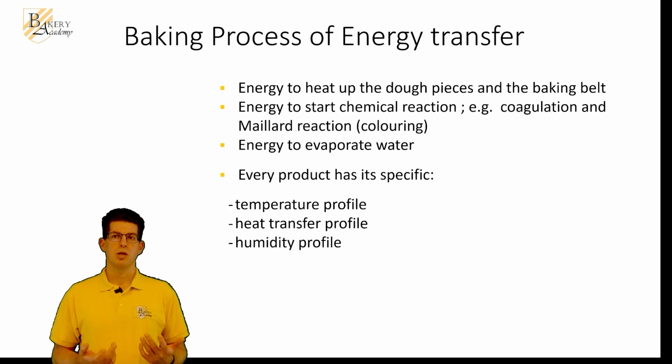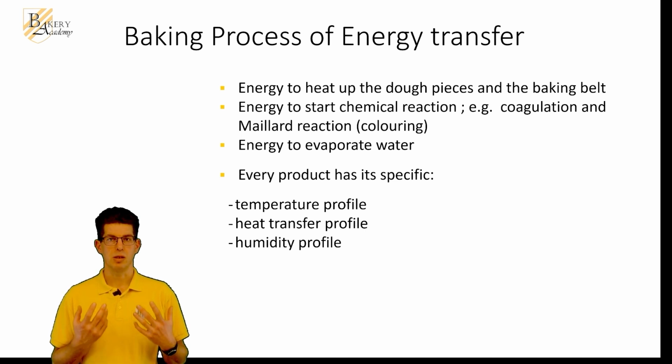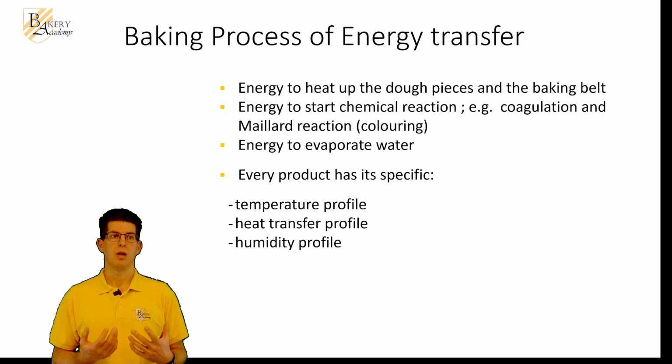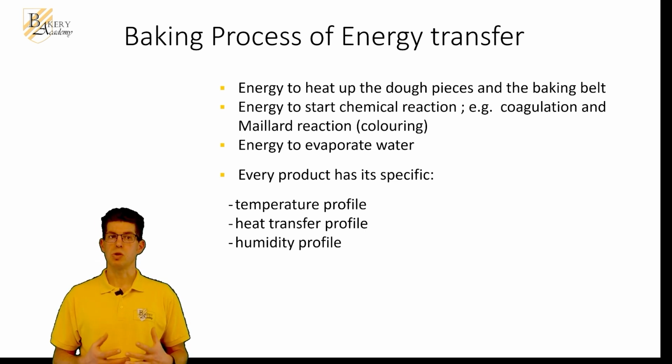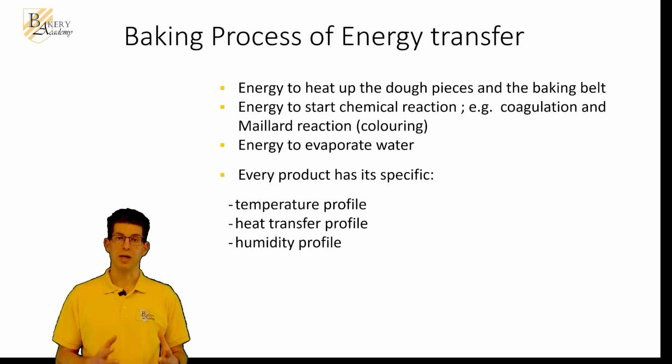So we've recognized already that every product requires a specific profile. The more ingredients we use to close structures, such as gelling agent, but also sugar, the lower the temperature needs to be. So high sugar means lower temperature. The smaller the volume, the quicker our baking time will be.